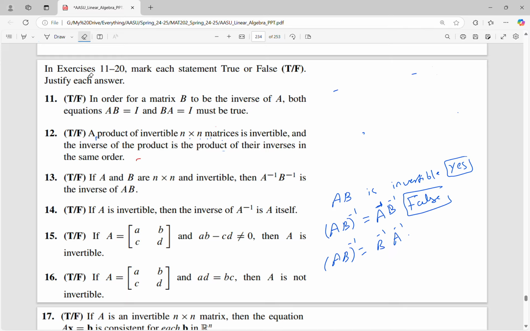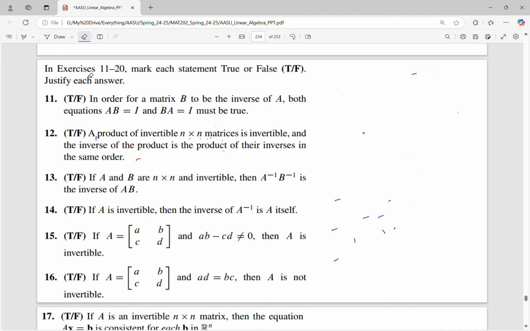Let's continue. If A and B are n by n invertible matrices, then A inverse B inverse is the inverse of AB. Okay, so I have two invertible matrices, A and B. What does it mean? It means A inverse and B inverse exist.